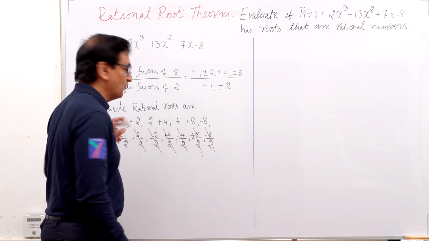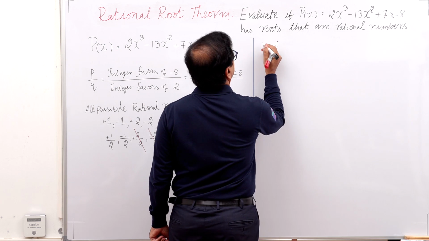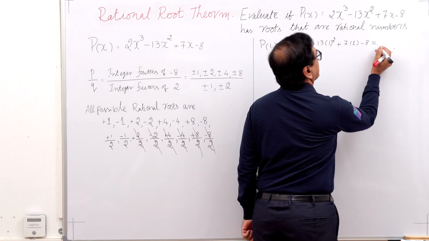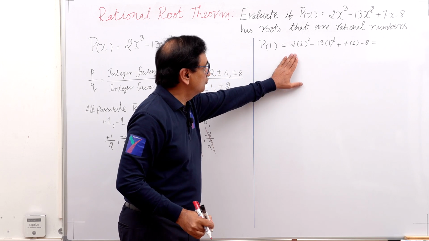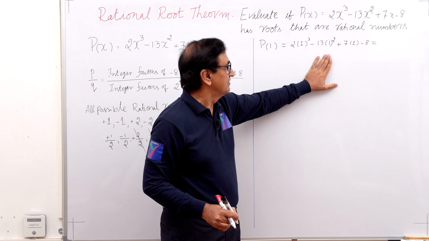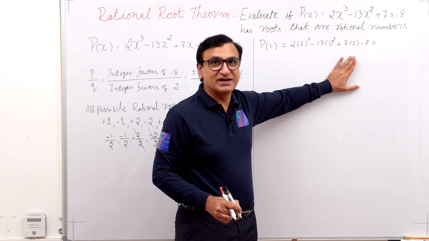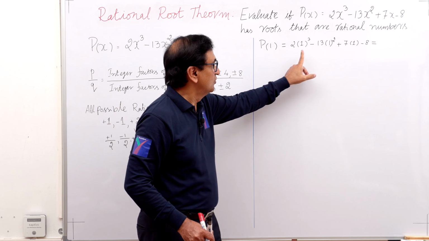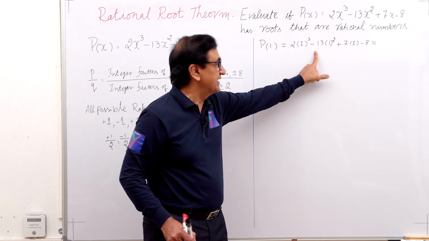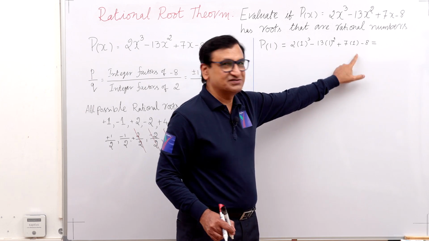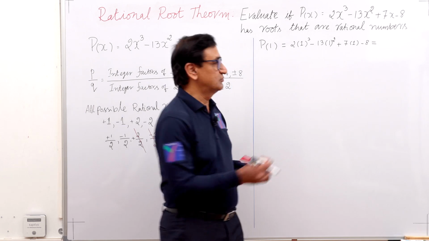We'll start with p of 1, right? So we have 2 multiplied by 1 to the power of 3 minus 13 times 1 squared plus 7 multiplied by 1 minus 8. If you calculate this, let's see what we get. 2 minus 13, that is minus 11, plus 7 minus 4, minus 8, minus 12, so not equal to 0.